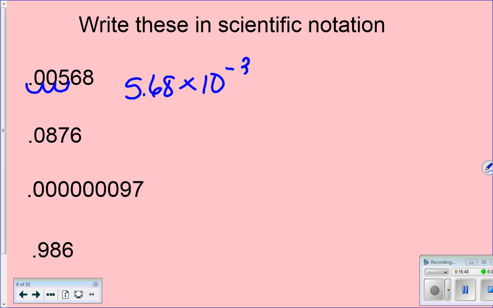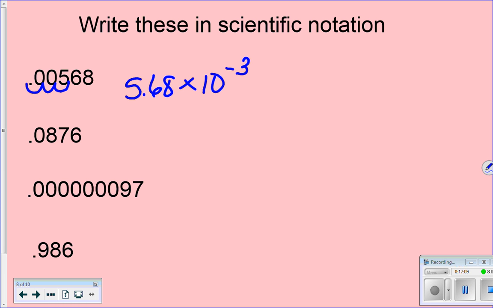Negative 3. Why did I start there? Because that's where I'd put it. Because if I put it between the 6 and 8, I get 56.8. And it has to be lower than 9.9. Okay? The same rule still goes. It still has to be lower than 9.9.